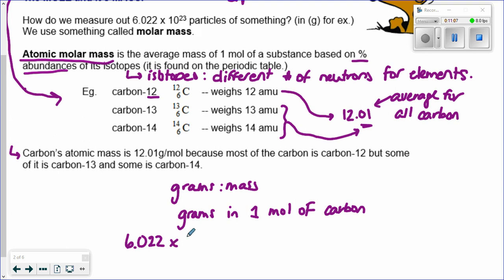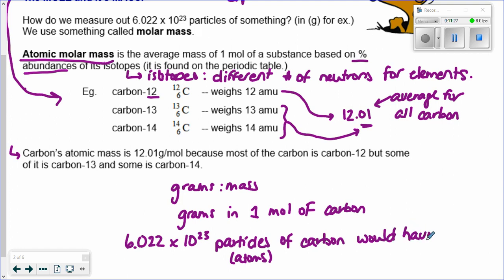So that's saying 6.022 times 10 to the power of 23 particles, or you could say atoms, of carbon would have a mass of 12.01 grams.